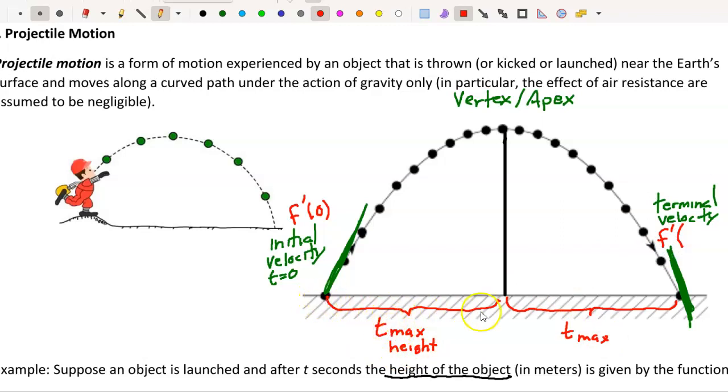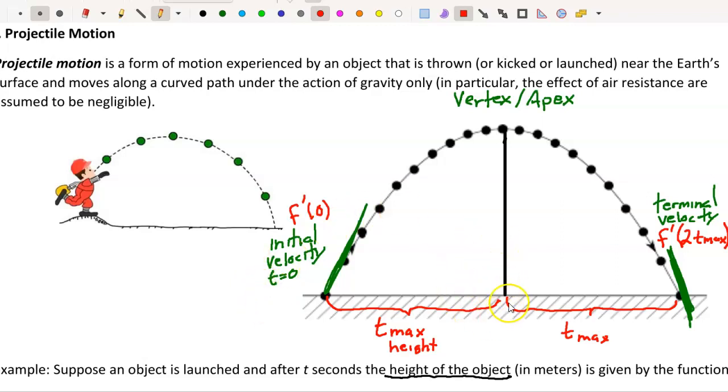This max is how long it takes to get to the center, so the length from here all the way here would be 2 times that. So if it takes 4 seconds to get to here, it'd be 8 seconds. This whole thing was in the air, so I'd find f prime of 8, and that'd tell me exactly how fast it's going when it hits the ground.